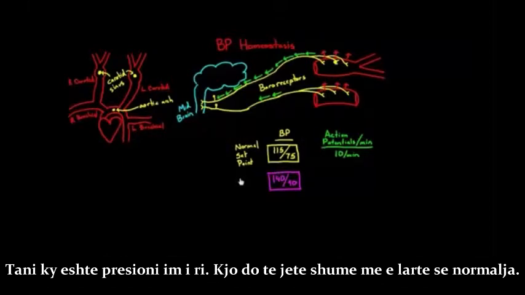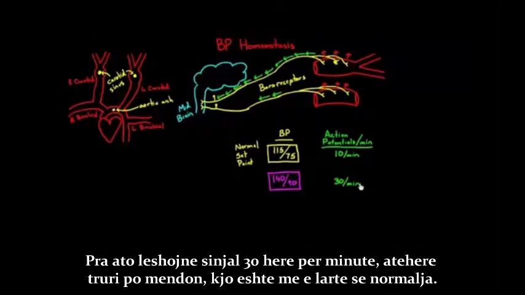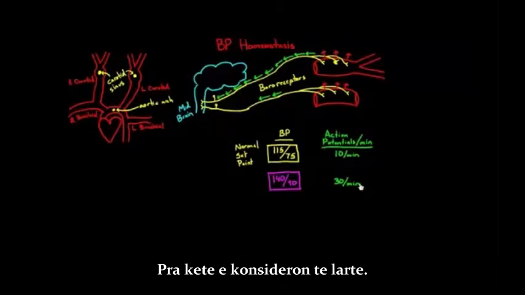This would be much higher than normal. So my body would register this and my nerves would start firing, let's say at 30 times per minute. So if they're firing at 30 times per minute, then my brain is thinking, well, that's higher than normal. So this must be high. It regards this as high.